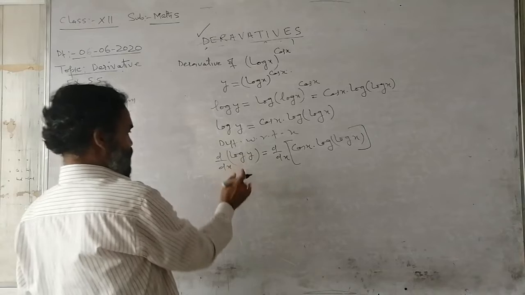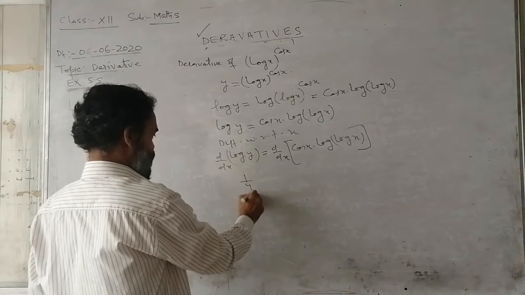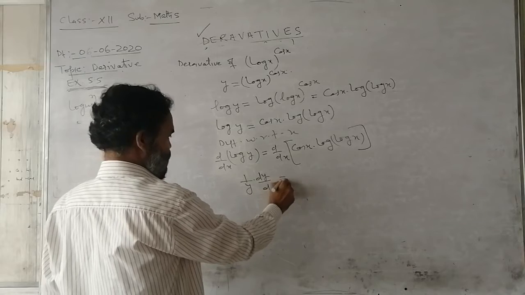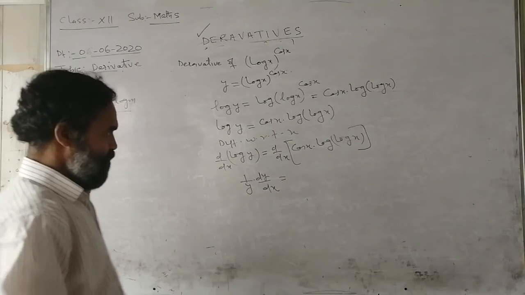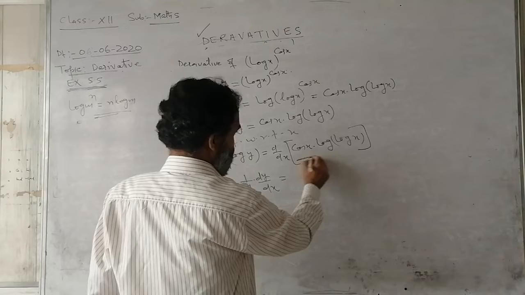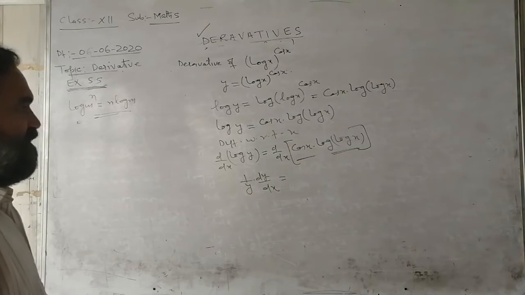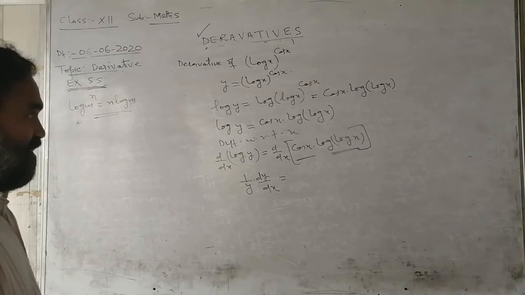So its derivative is 1 upon y into dy upon dx is equal to, now here are two functions, one is cos x, the other is log x.